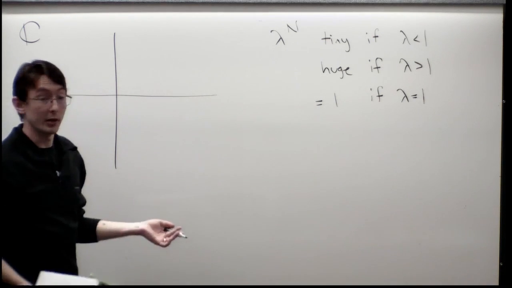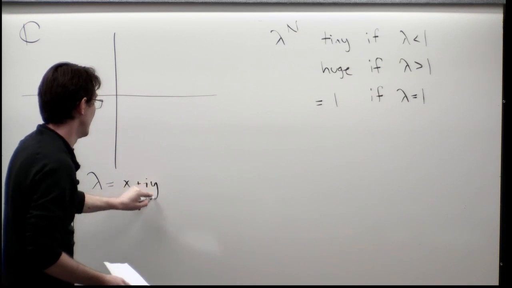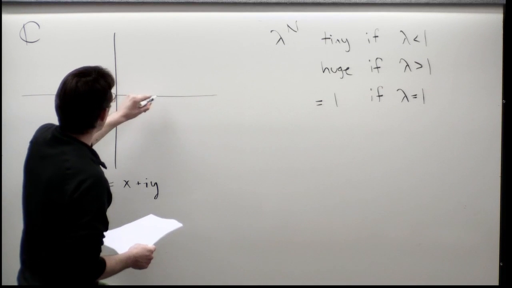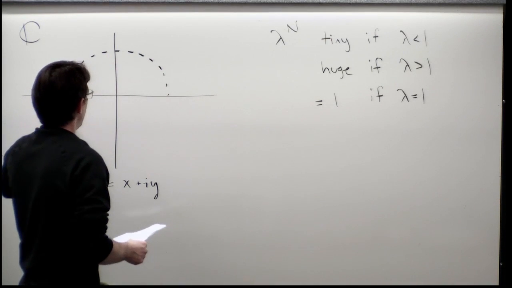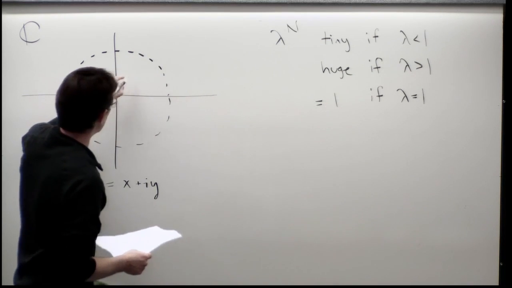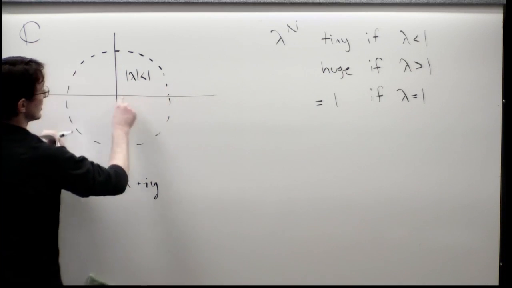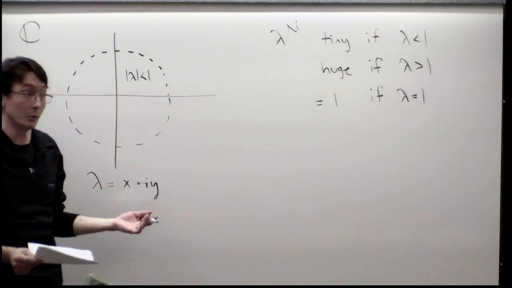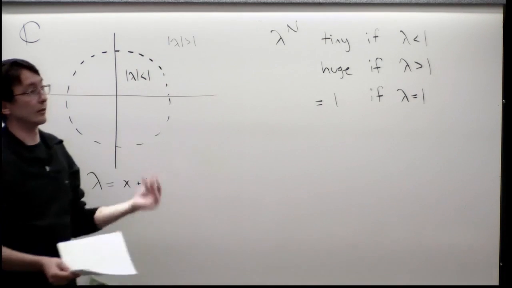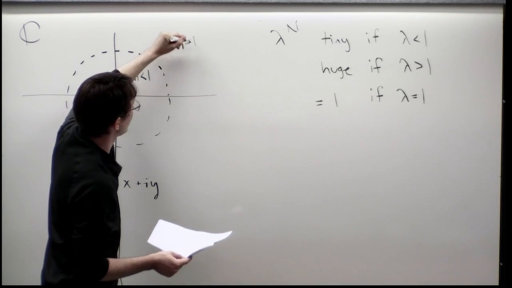Right, so I have the complex plane, I have lambda equals some real number plus some imaginary number. And now what I'm going to look at is whether lambda can be inside this unit circle, so that the length of my lambda vector is less than 1, or lambda can be outside the unit circle, so that the length of lambda is greater than 1.